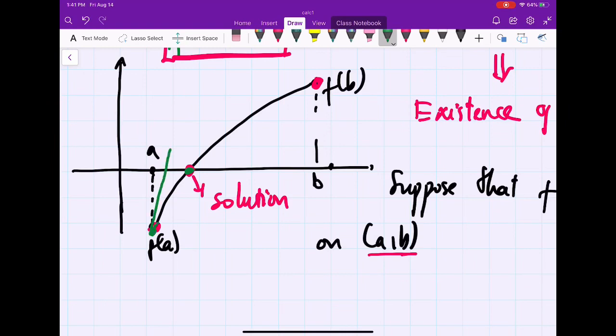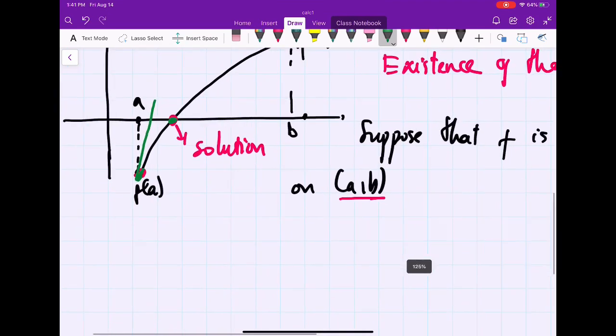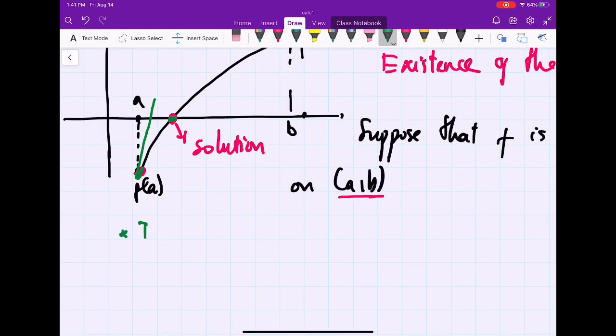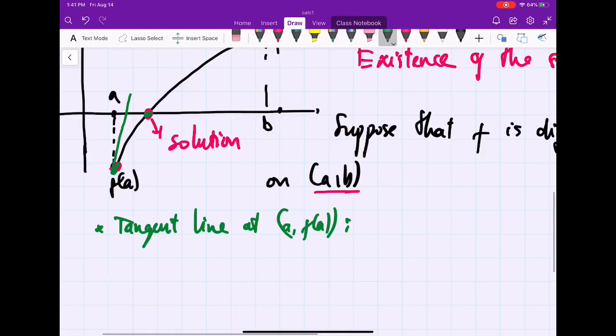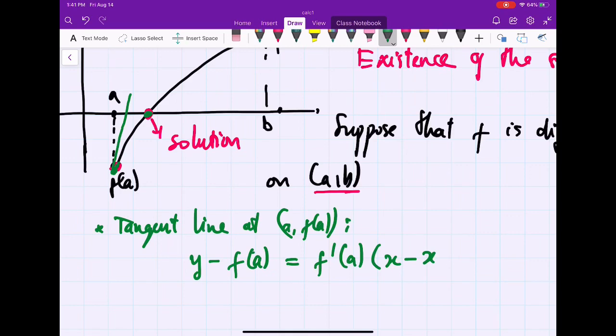If you have a point and you have a function, you may differentiate that and you can write a tangent line at (a, f(a)). So that is y minus f of a equal to f derivative at a times x minus a.